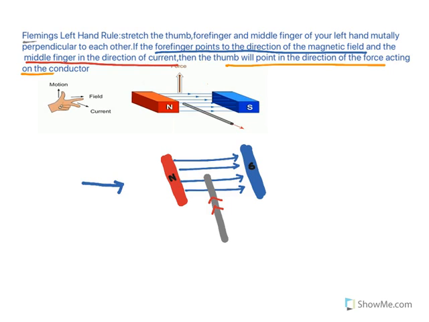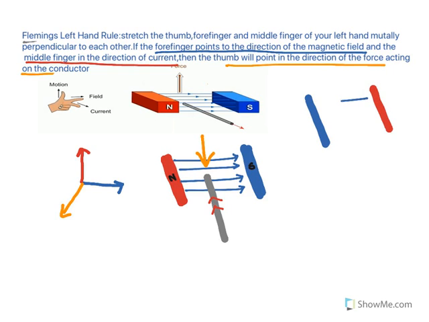The field is in this direction, the current however is in the upward direction, so the force, you will agree, will be perpendicular. The force will be in the downward direction. So if you reverse the current, the force also is reversed.